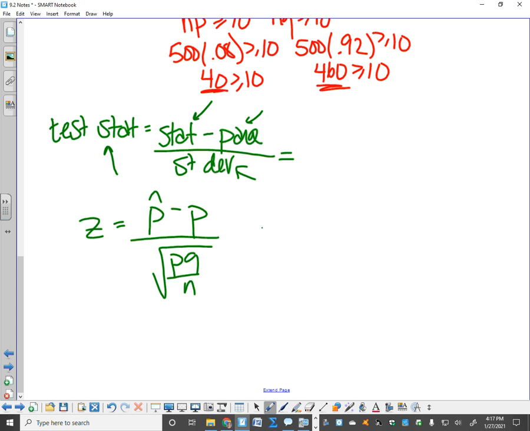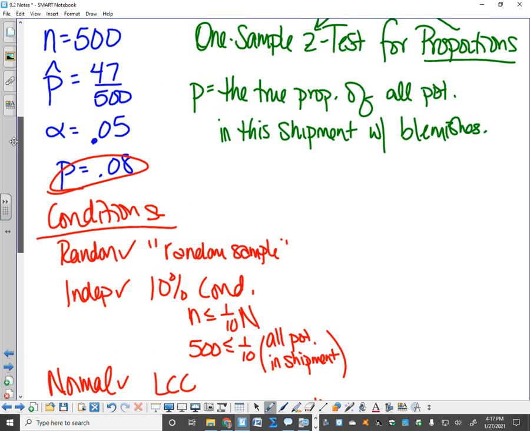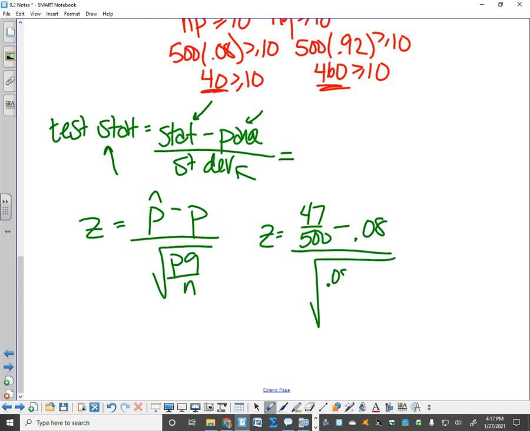Now let's plug some numbers in. Z equals, all right, now my statistic is the 47 over 500, my p hat. So 47 over 500 minus 0.08 over the square root of 0.08 times 0.92 over 500. I go grab my calculator and type this in.